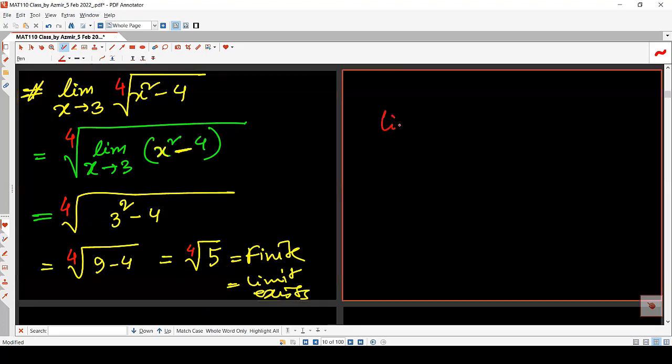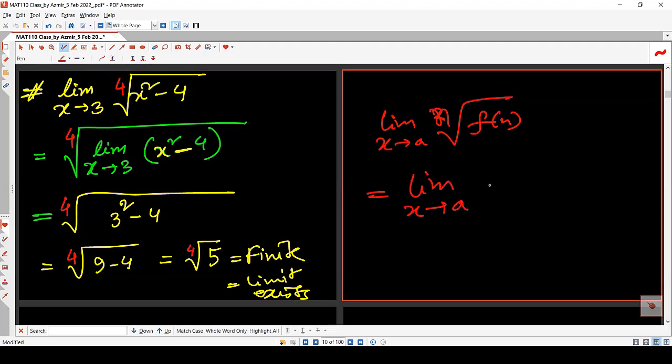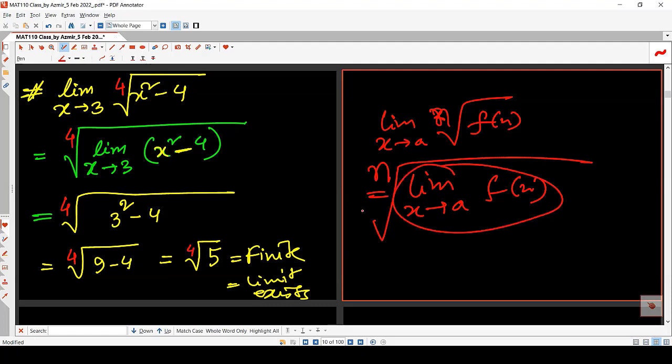That means limit x tends to a, nth root of f of x can be written as the nth root outside of limit x tends to a, f of x. So the limit will be given in the inside part. Remember that this n should be a positive integer, and n should be even.